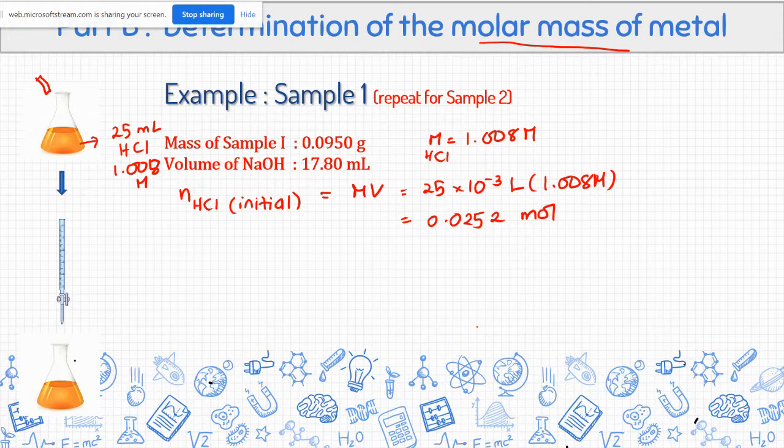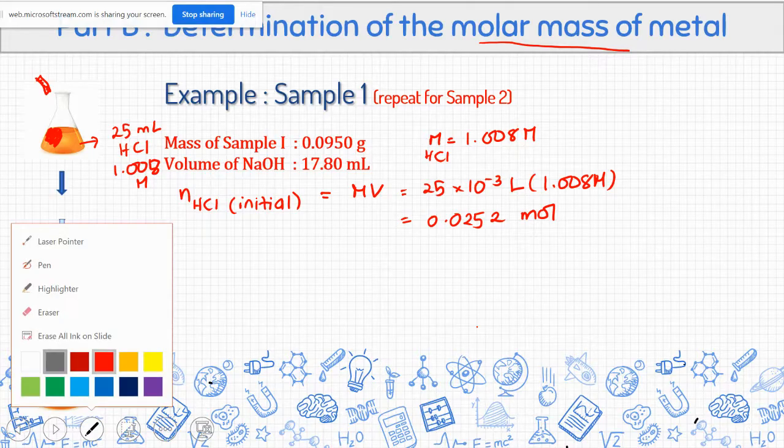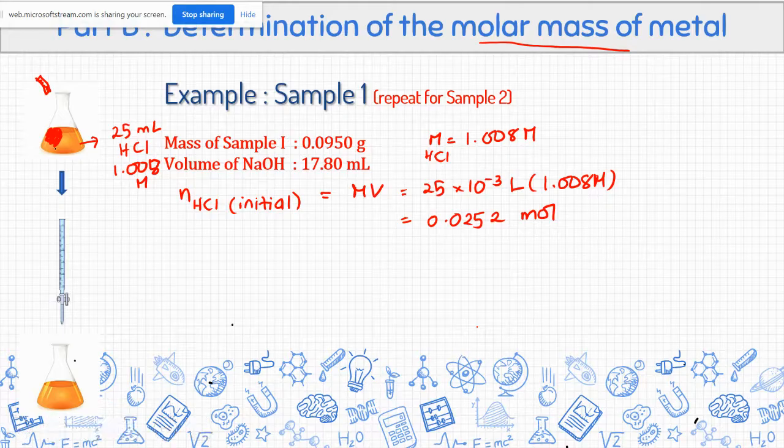Okay, now, what happens next? When you put in the unknown metal, the metal will react with the HCl. But we only used a small piece of metal. Therefore, not all HCl will react. The metal will only react with a small amount of HCl.